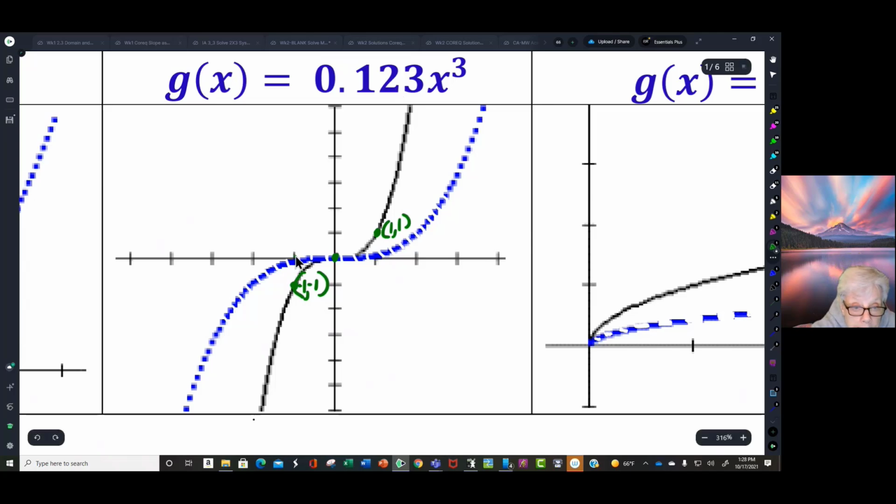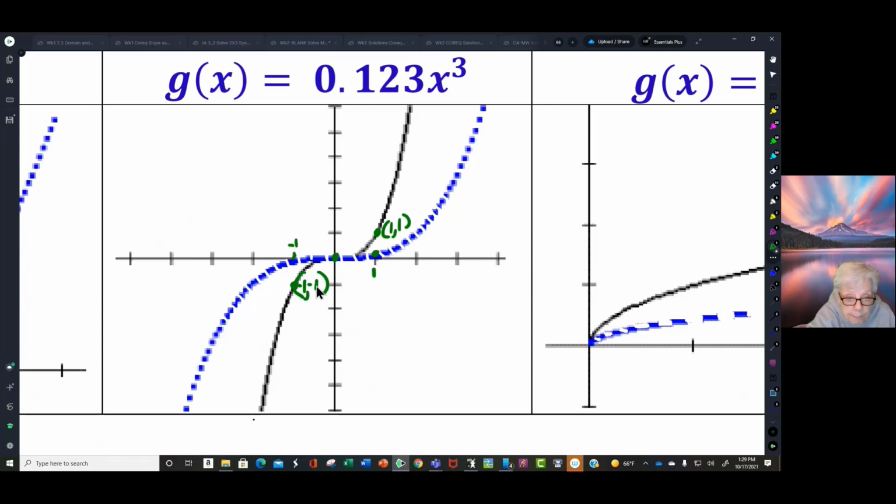So our x coordinates are still -1, 0, and +1. But now, 0.123 is a very small number. It's just a little bit above the x-axis here. When you multiply 1 by 0.123, you get 0.123.